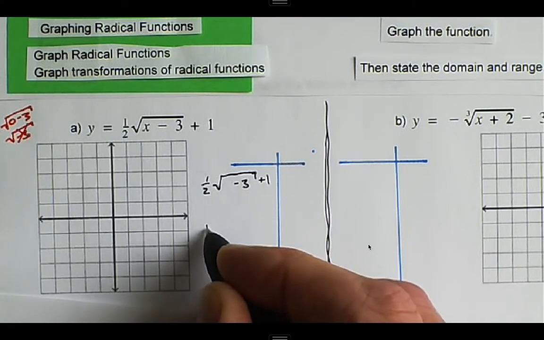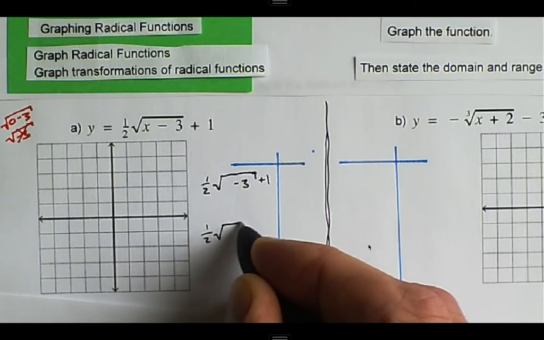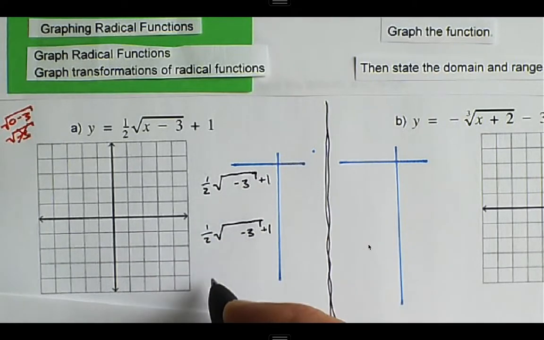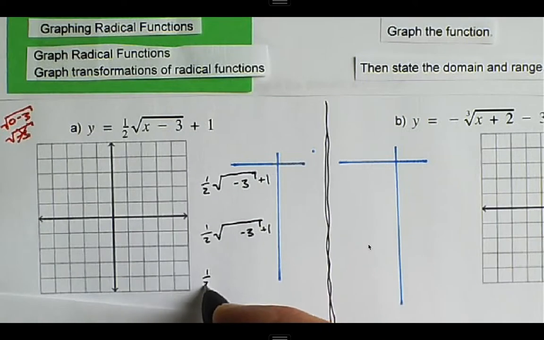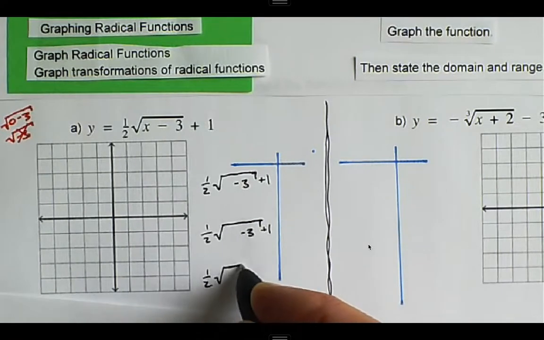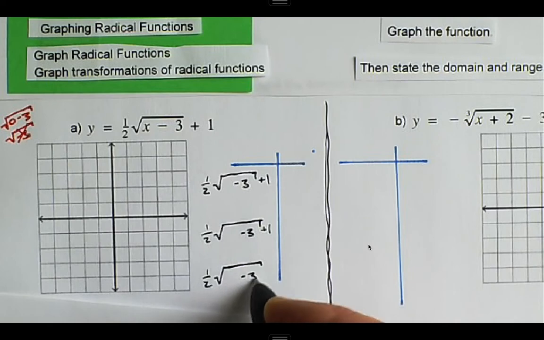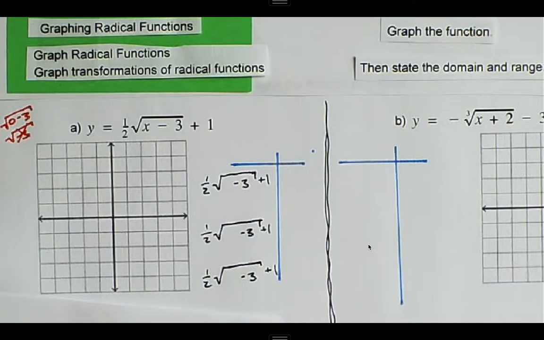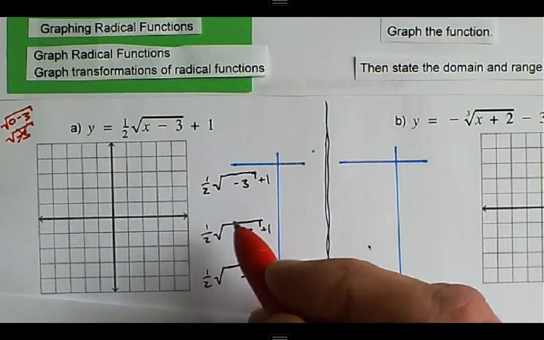And the same thing, 1/2, the square root, minus 3, then add 1, and again 1/2, the square root, subtract 3, and add 1.